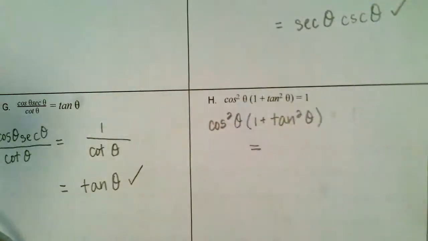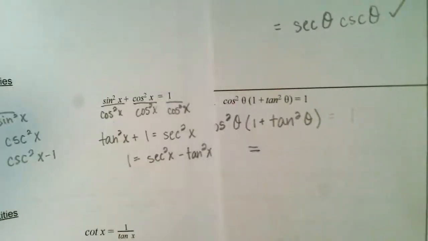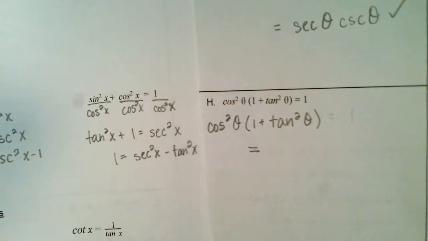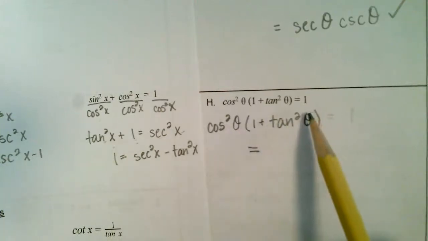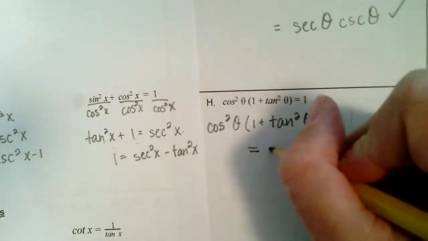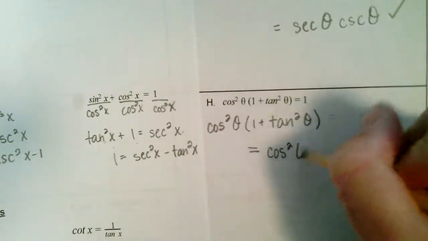So, looking back at my Pythagorean theorems, I can see that tan squared of x plus 1 is equal to secant squared of x. But we can flip the order, and 1 plus tan squared of theta is going to be equal to secant squared of theta. So we still have our cosine squared of theta.